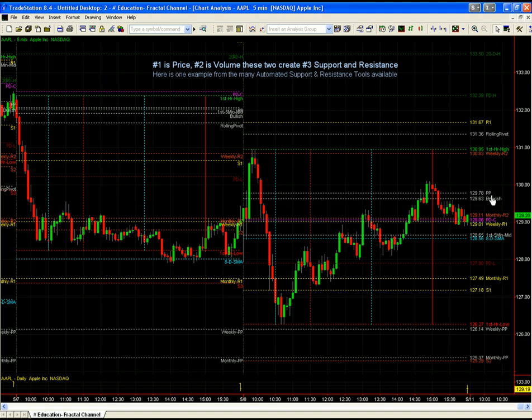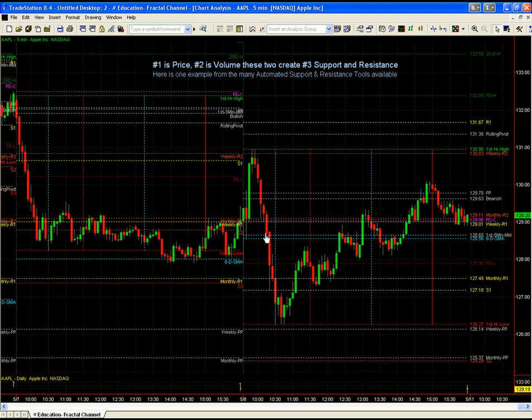Here's the central pivot, and this is the weekly R2, the first hour high, the rolling pivot, the R1, prior day high, 20-day prior high. So you can see that it's got an extensive array of support and resistance points.